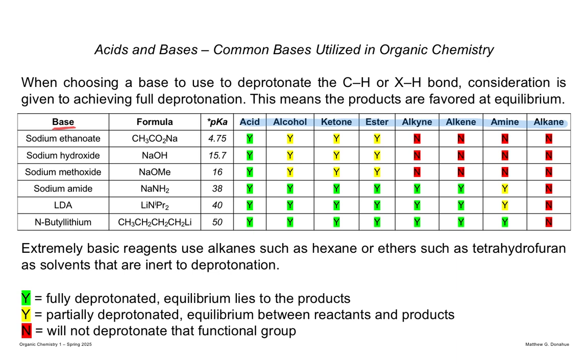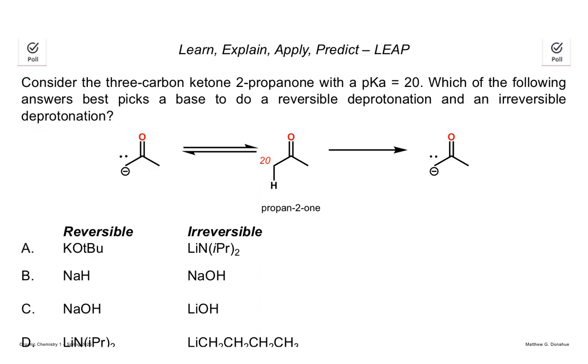Any questions on that? I think it's probably best seen with an example. So let's consider the molecule in the center of the reaction here. This is a ketone. It's commonly called acetone. It's nail polish remover, basically.